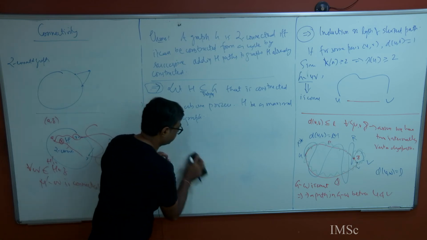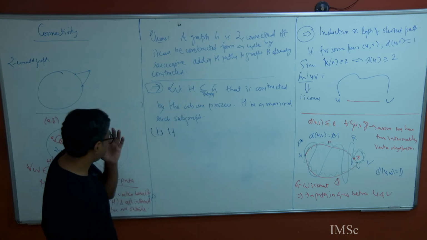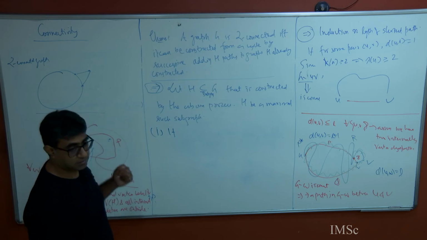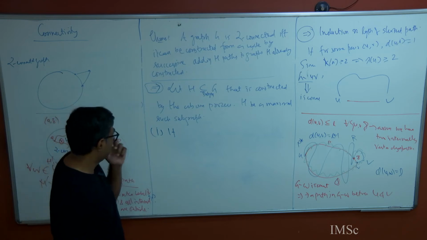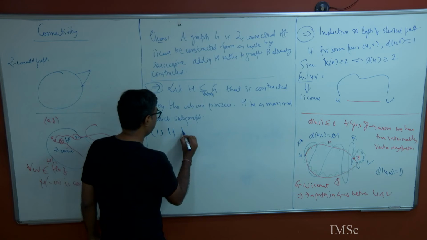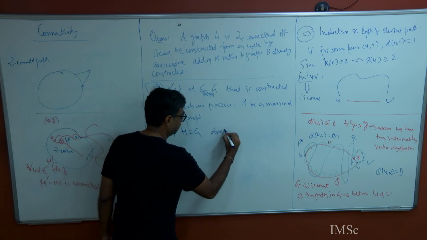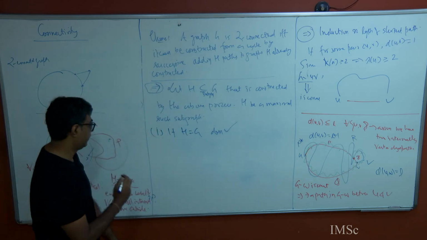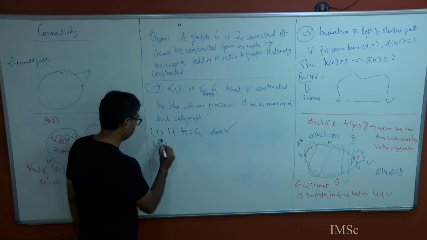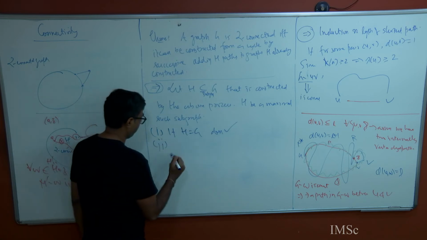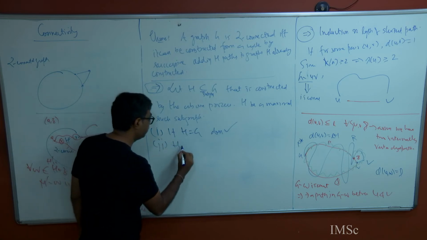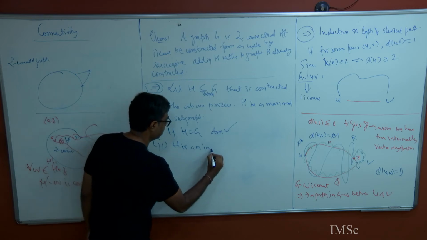First of all, notice one thing. For a maximal such subgraph, if H equals G, we are done. So there is nothing more to do. Second point: H is an induced subgraph of G. Why?